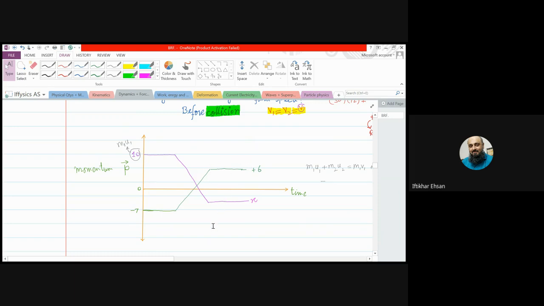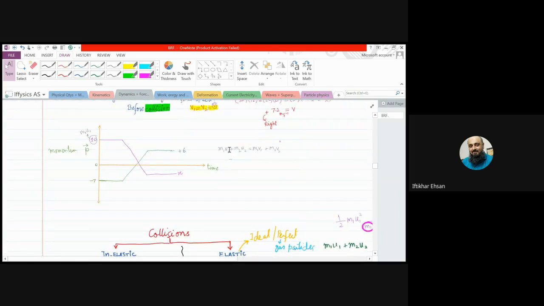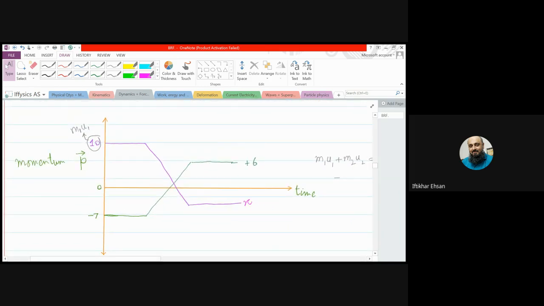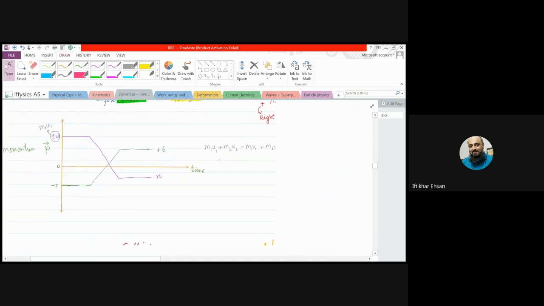So we never need to change our basics. We will again be using this formula: m1 u1 plus m2 u2 is equal to m1 v1 plus m2 v2. The momentum we are told about here is the m1 u1, and this is the initial momentum of the second object, m2 u2, right?